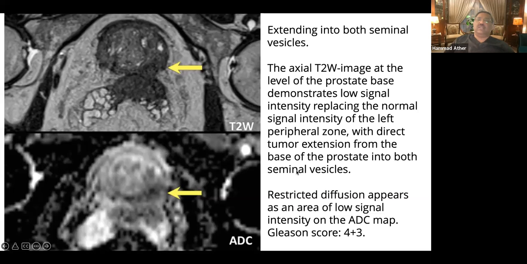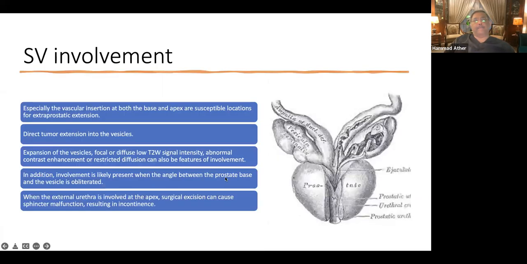So all these things are important to realize before surgery, and that provides you the roadmap for making a decision about surgical intervention in these patients. So seminal vesicles, as you can see here, this is the location of the seminal vesicles, the ejaculatory duct and the ductus deferens, prostate location here.